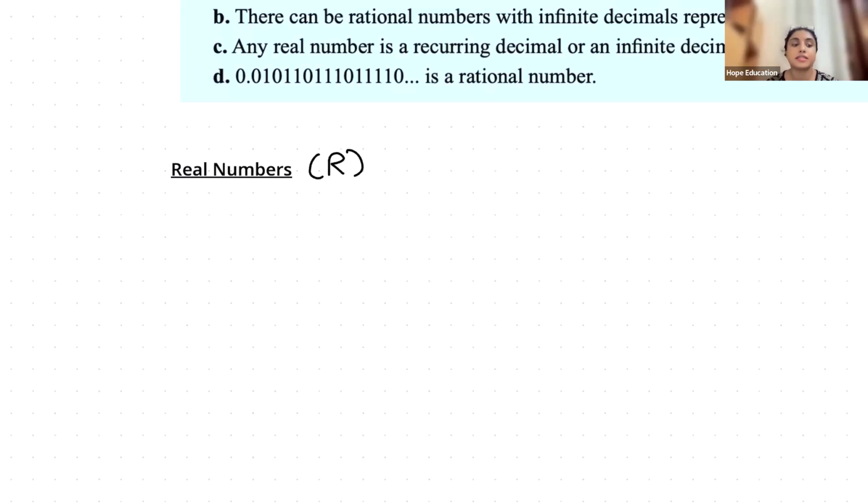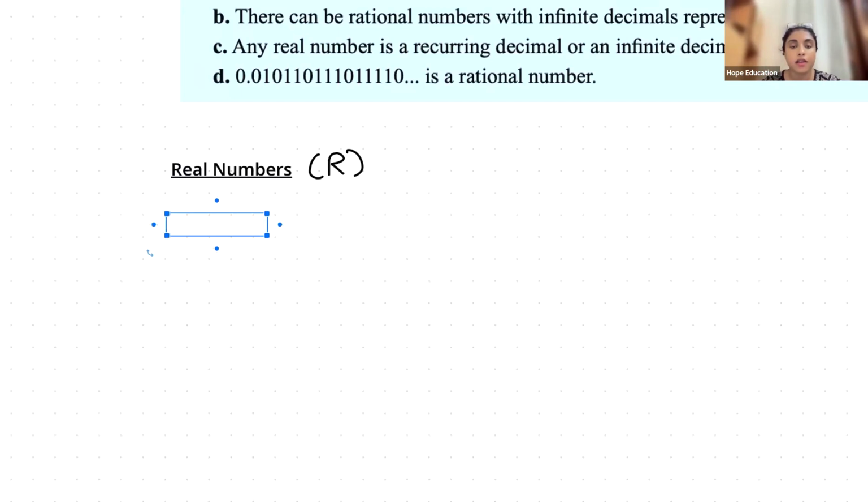Now, real numbers means all numbers. Whether it's integers, positive integers, negative integers, or zero, whether it's natural numbers, rational numbers, or irrational, all numbers are real numbers. So let's write a point.